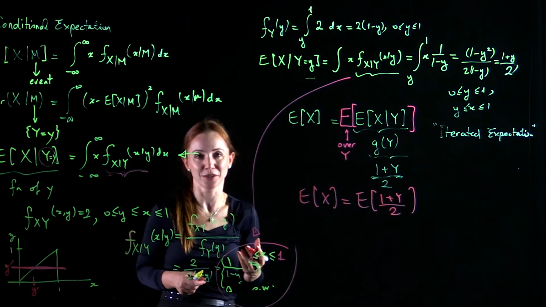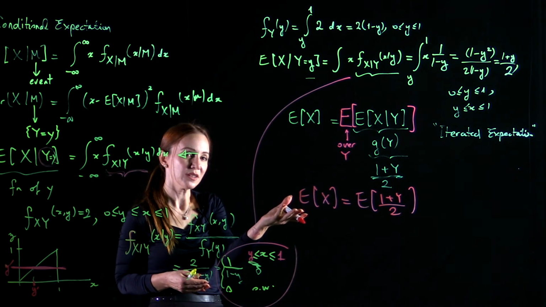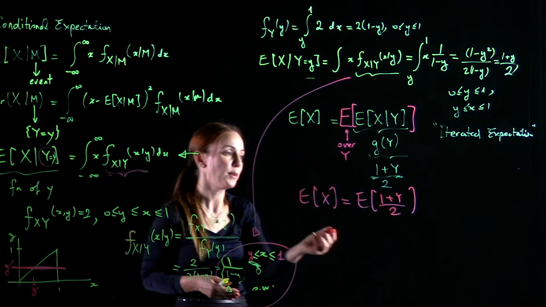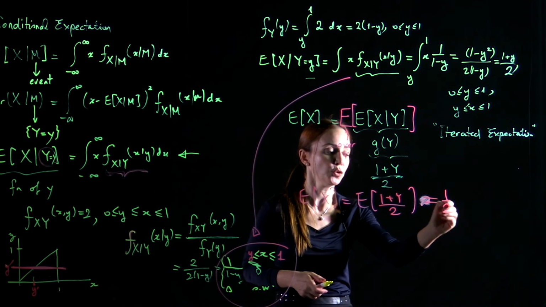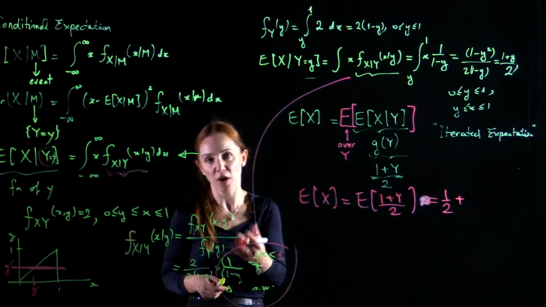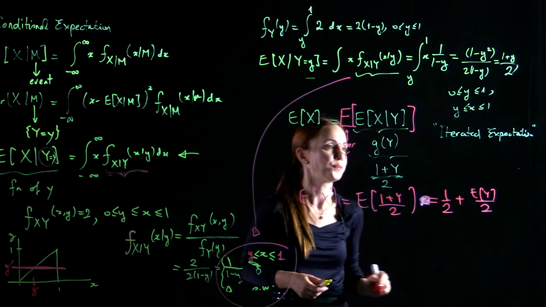But this is trivial because this is simply a constant plus y over 2. The expectation of the constant 1 over 2 is simply 1 over 2, and the expectation of y over 2 is expectation of y over 2.